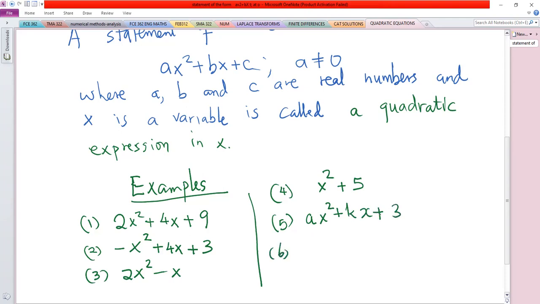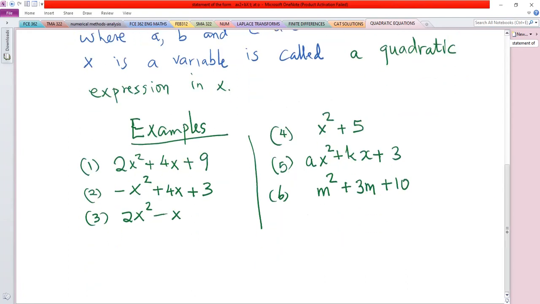Number 6, we can have m squared plus 3m plus 10. This will be quadratic in m. Number 7, we can have lambda squared plus 4 lambda plus 6. This is quadratic in lambda.